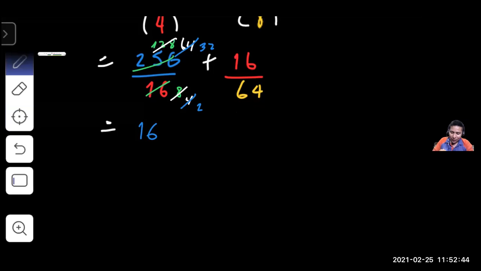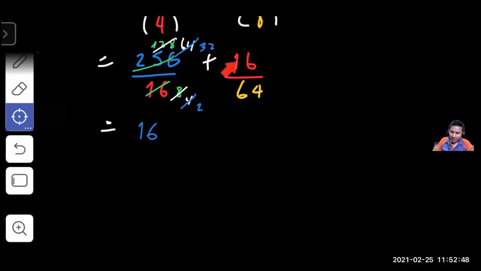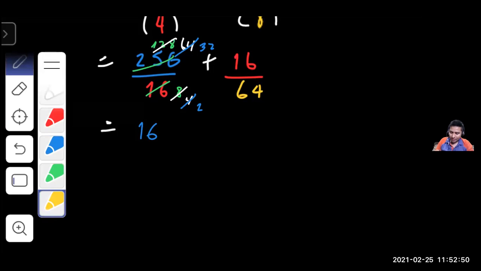And this one, guys, let's try to simplify these numbers. What is the half of 16, guys? 8. And what is the half of 64? 32. What is the half of 8 again? 4. And what is the half of 32? 16.